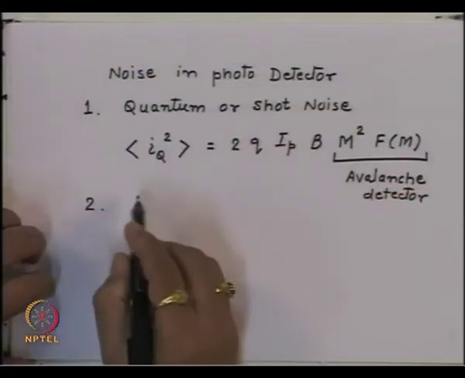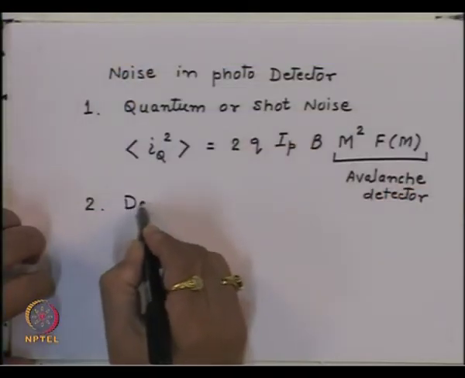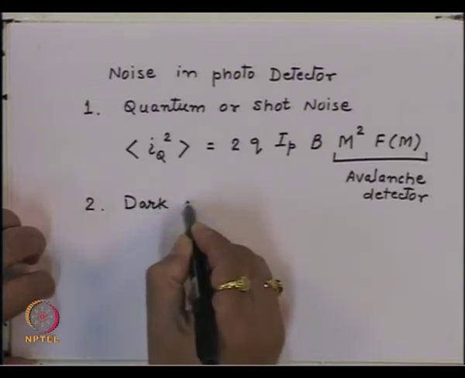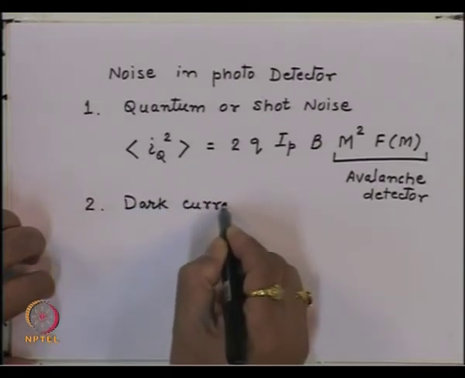And since this current again is because of a similar process, it has a noise component, and that noise we call the dark current noise. So, the second component of the noise which we have is what is called the dark current noise.